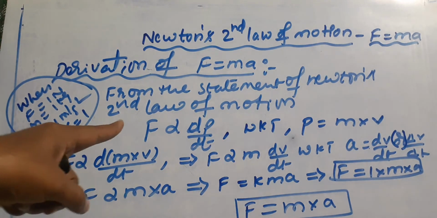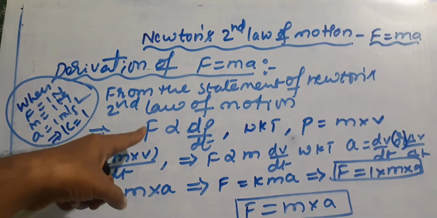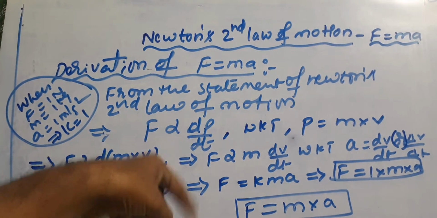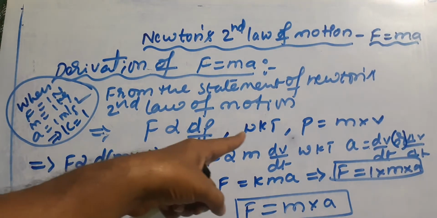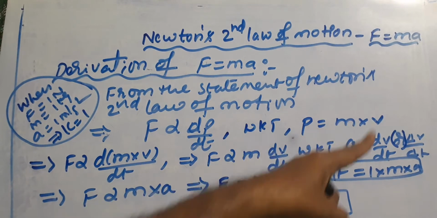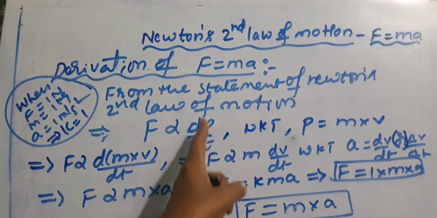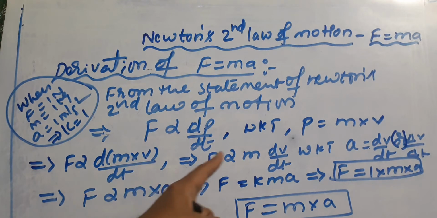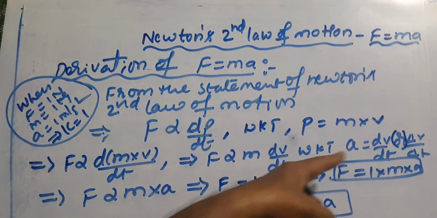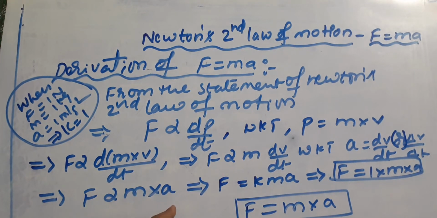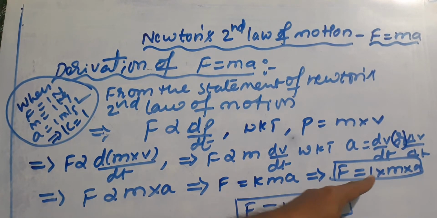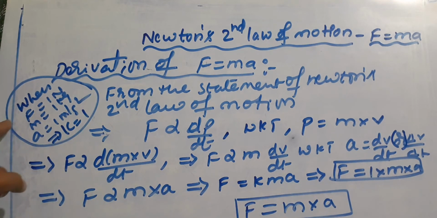From the statement of Newton's second law of motion, net force is directly proportional to the rate of change of momentum, that is F is directly proportional to dp/dt. We know that momentum p is equal to mass into velocity, which is substituted in place of p, and dv/dt is nothing but acceleration. So F is directly proportional to m into a. The proportionality symbol is replaced with a constant k with an equal sign, and in the SI system the k value is taken as 1.